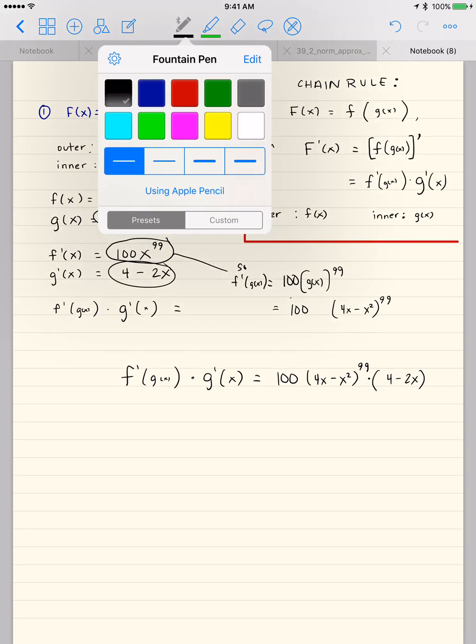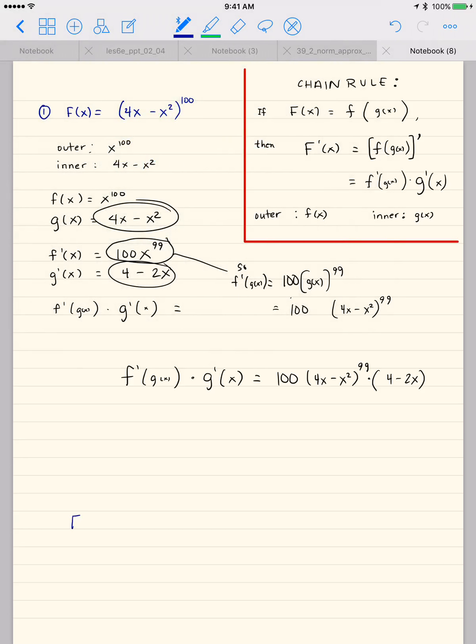So let's put in blue here our final answer, which is that f prime of x is equal to, and I'm going to kind of switch it around, 100 times 4 minus 2x times 4x minus x squared to the power of 99.